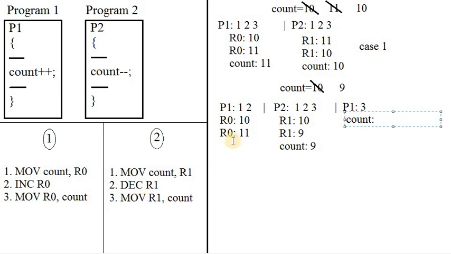So what is the R0 value here? Updated value of R0 here, that is 11. So count becomes 11 now. That means the count value again updated. So what is that new updated value here? That is 11. So then what about 9? It has erased, right? So 9 has erased and the updated value is 11 here. And this is case 2.